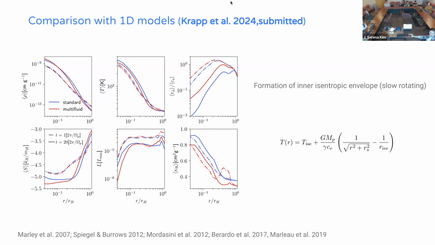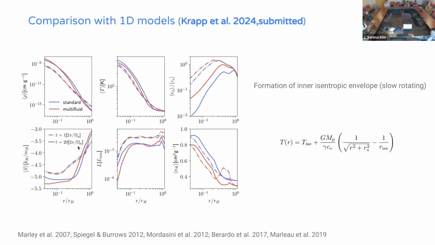So we can look into density, temperature, luminosity, and different variables. And what we see is that at the iterations of our simulations, our 1D average profiles resemble an isentropic envelope in all the cases that we integrated.